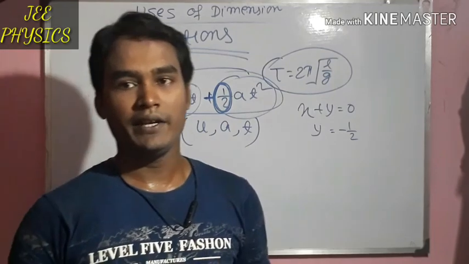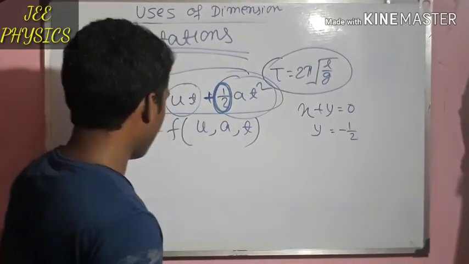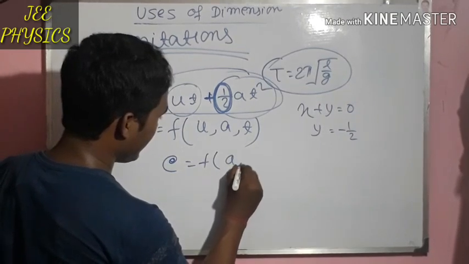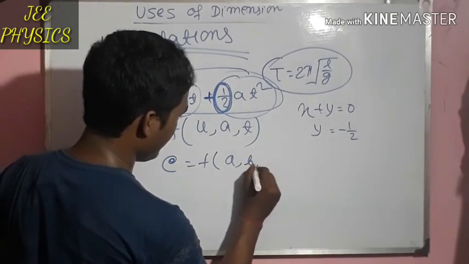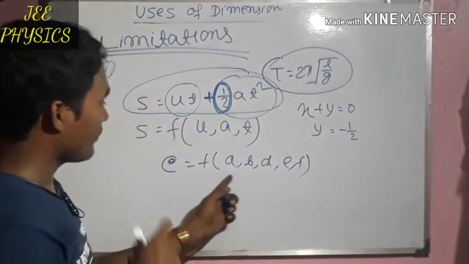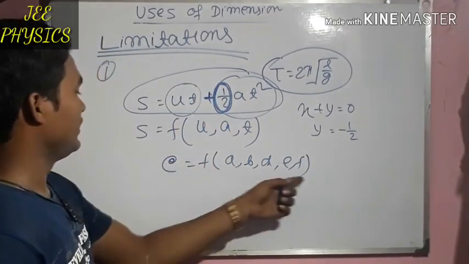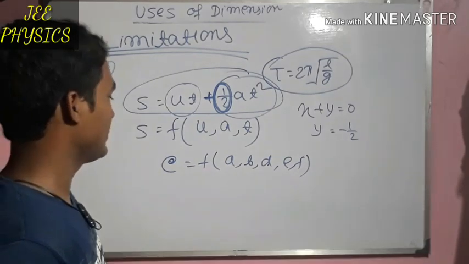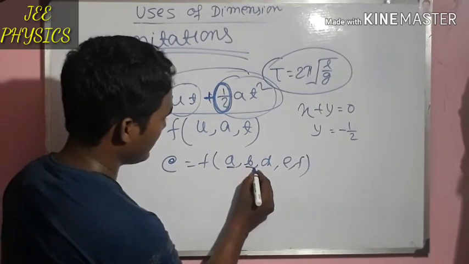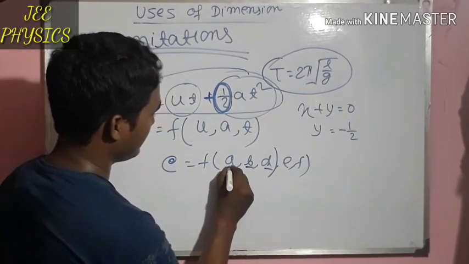But if I give you a physical quantity C which depends on A, B, D, E, F, you cannot find the relationship between these using the dimensional method, because you can at most take up to this.